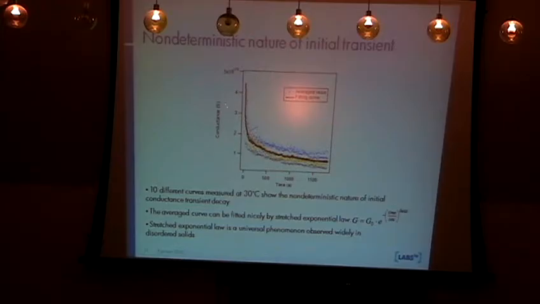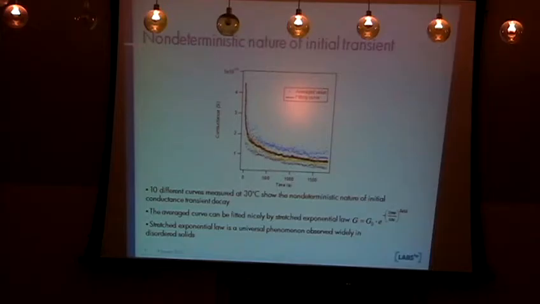And from the data we can see, even though the conductance of the transits starts from very, very similar values, each one can be fitted nicely by a single exponential decay. They are not identical, so a better descriptive way is as shown by this black curve. This is the average curve out of the 10 transits.